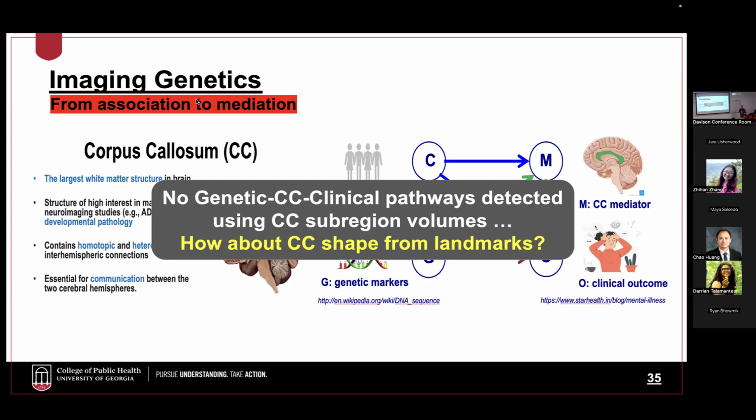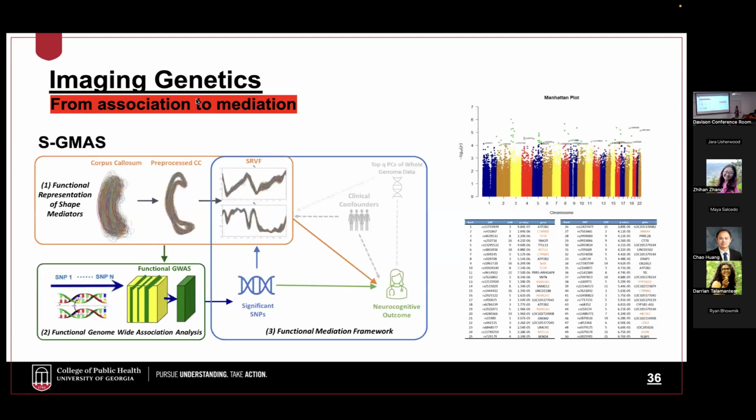Now we need to think about that. Sometimes if you cannot identify pathways, it may be caused by not choosing the mediators in the right way. So we are thinking maybe we can consider some other, different representations of these CC areas. So we developed a method we call SGMAS, which stands for shape-based genome-wide mediation analysis.